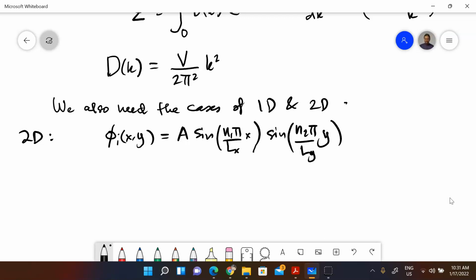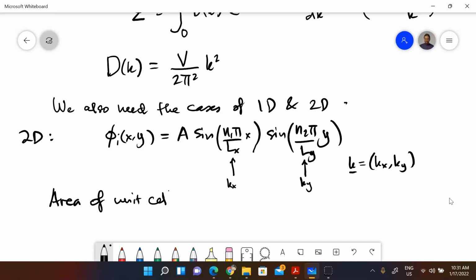So there is no z component here. Here again, this is your kx, here's your ky, so they form a two-dimensional k vector. Because it's two-dimensional, we don't talk about volume, we talk about area. So the area of the unit cell is given by pi squared instead of pi cubed.